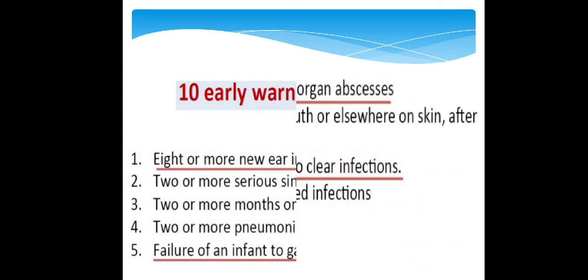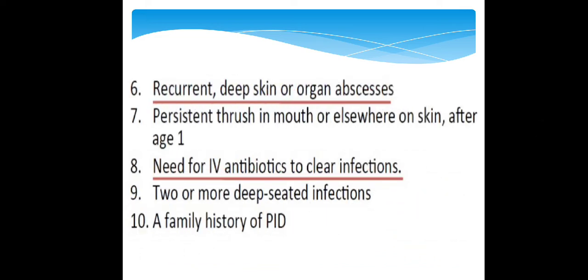This is what we call failure to thrive. Recurrent deep skin or organ abscesses, persistent thrush in the mouth or elsewhere on skin after the age of 1, need for IV antibiotics to clear infection, 2 or more deep-seated infections, a family history of primary immune deficiency.